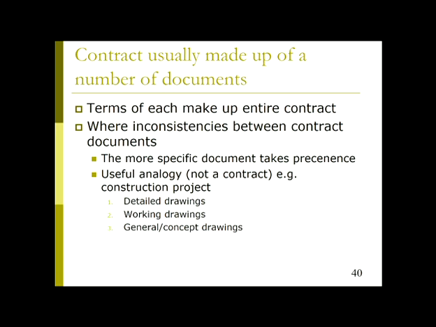So where you've got two conflicting areas, if one description is a lot more detailed than the other, that's probably the default way to go. An analogy is when you're looking at specifications for buildings, you'll have the detailed working drawings and the general concept drawings. You would be best to go with the detailed drawings rather than rely on the other two. So just go with the part of the document that's got the most information in it.